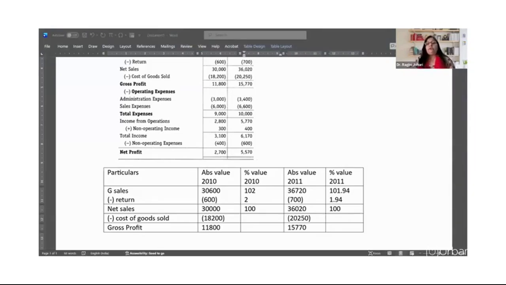When we do the calculation for 2010, the COGS percentage comes as 39.33%, and the gross profit percentage comes to 60.67%.